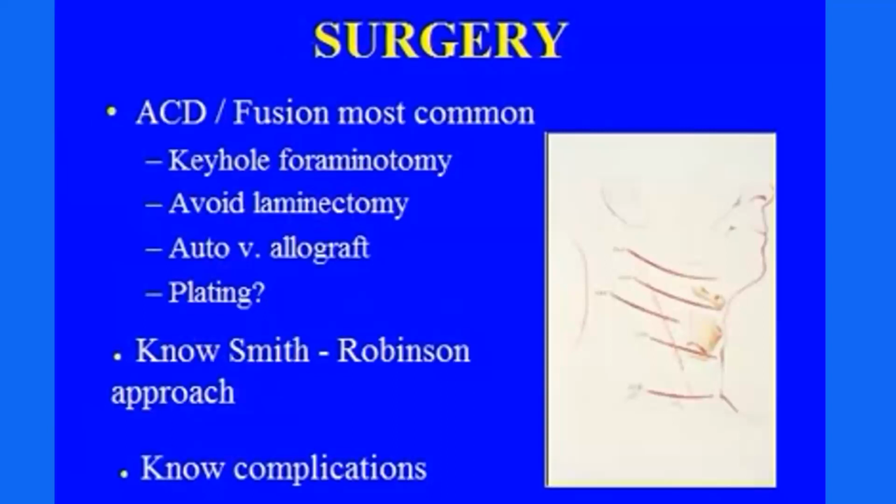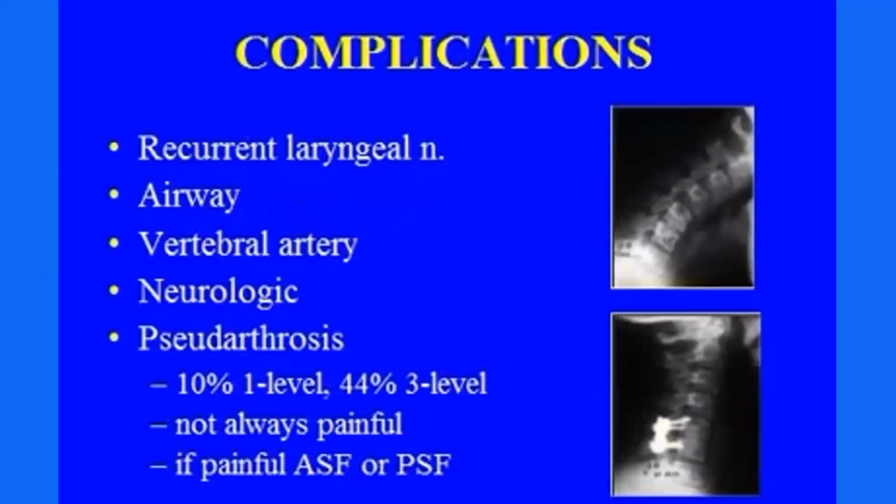To avoid removing too much lamina from behind, we usually do lateral mass fusions using rods. You have to know the Smith-Robinson approach and know the complications. What are the complications of surgery? Recurrent laryngeal nerve paralysis, and compression.